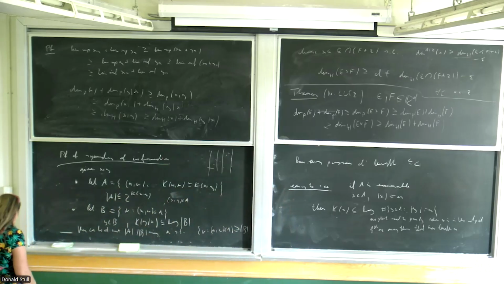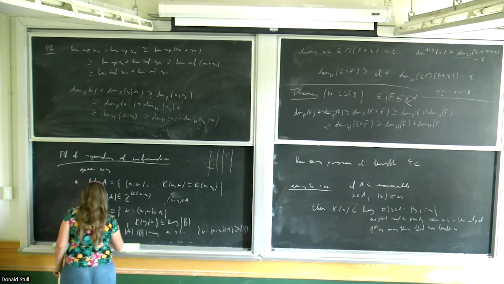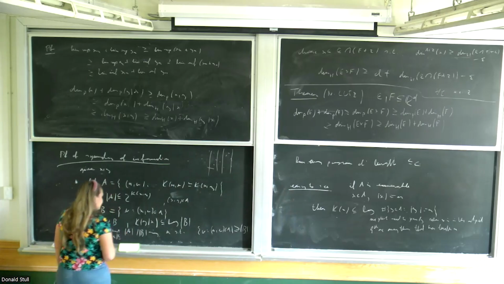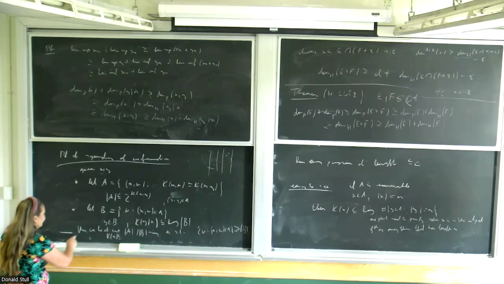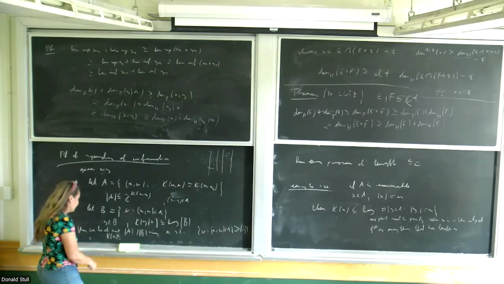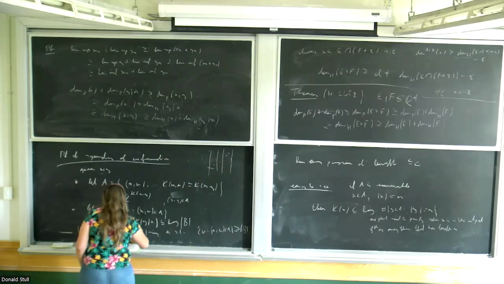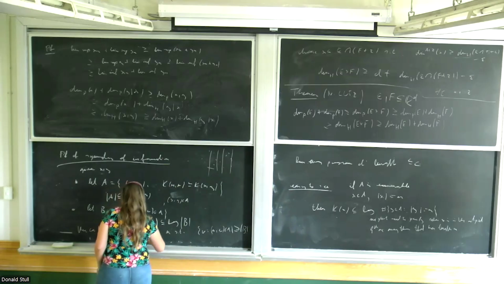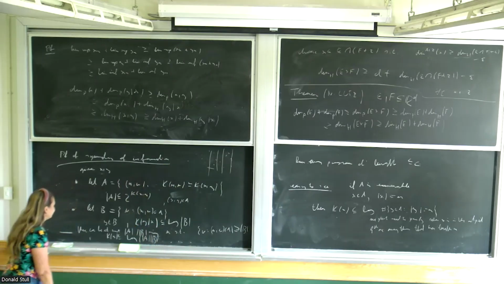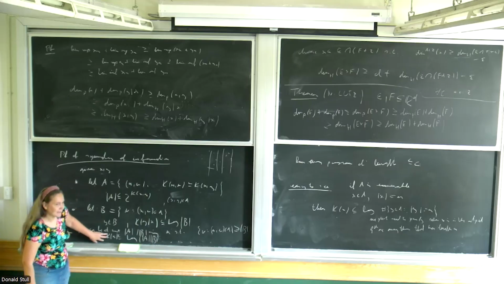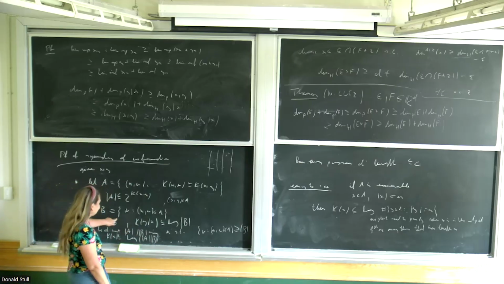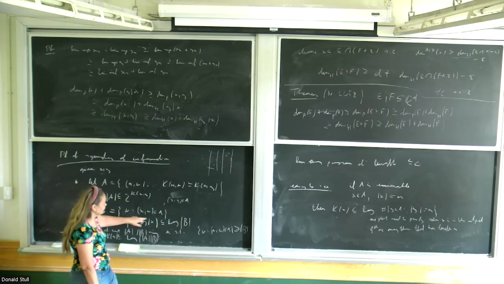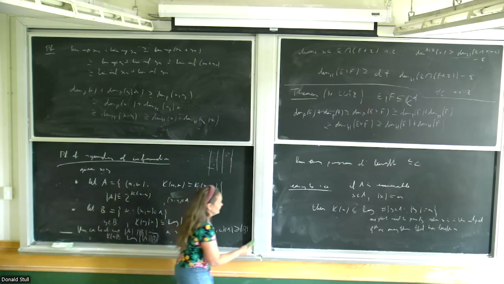So this shows that K of X, since X is on a large section, X was in this set, so K of X is bounded by log of how many sections I have, and we are done. So I have an upper estimate for K of X, which is log of A over B. I have an upper estimate for K of Y given X, which is log B, so it's neater.